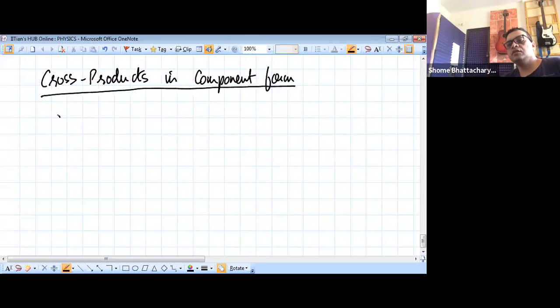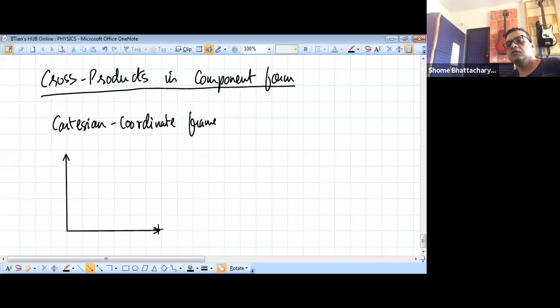If you look at a Cartesian coordinate frame strictly two-dimensionally, you'll see that if your x-axis is like this and your y-axis is like this, then the z-axis is coming out of the plane. The negative z-axis is going into the plane.